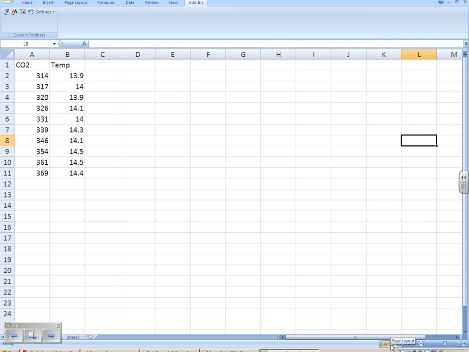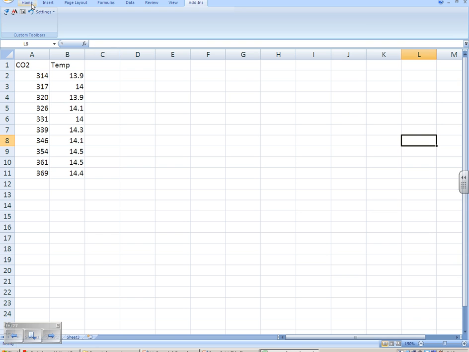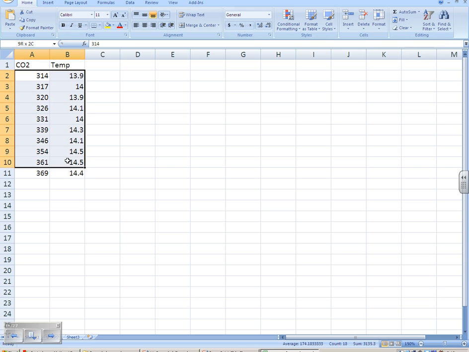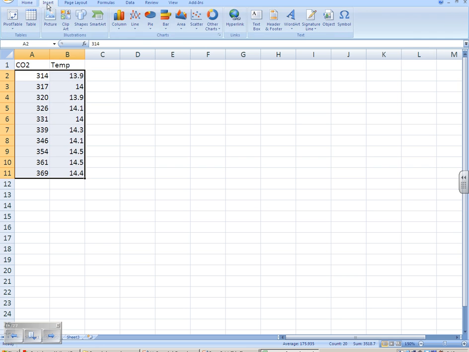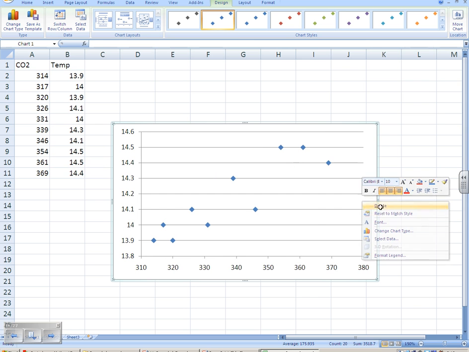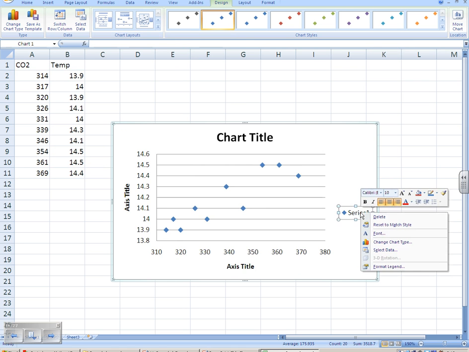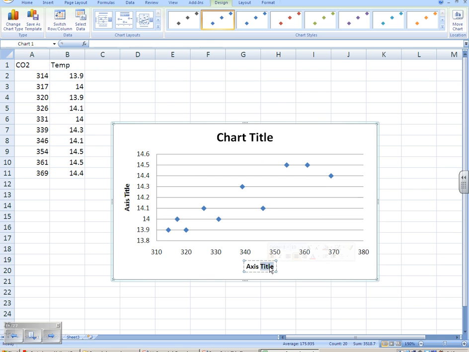First of all, creating the scatter plot. Highlighting the data, X and Y, choosing Insert Scatter. Removing the Series 1 to create more space for the plot, and adding suitable chart title and axis titles.